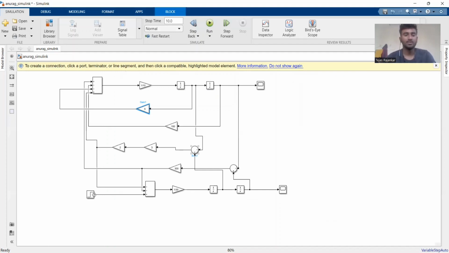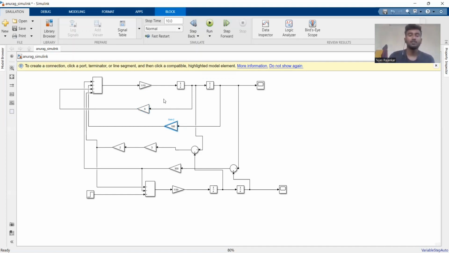Then this one is a step block, and the last one is a scope, which will give the result. After that, the result of the first sum block is given to the gain mass, which will give m1 into x1 double dot. After that, this gain result is given to the integrator, which gives the displacement. So this was the first part.